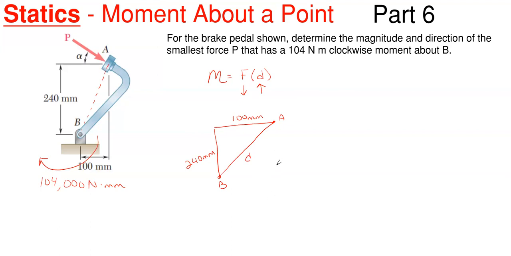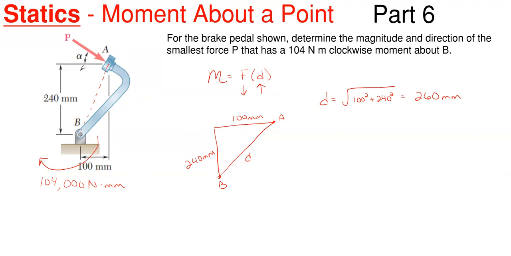That dimension D is pretty easy to get because this forms a right triangle, so we can use the Pythagorean theorem. This is 100 millimeters squared plus 240 millimeters squared, square rooted, and this gives us a distance of 260 millimeters on a direct line from A to B, where P is acting. So that's the largest dimension we can have.